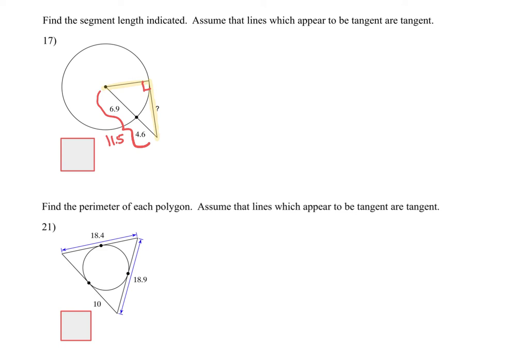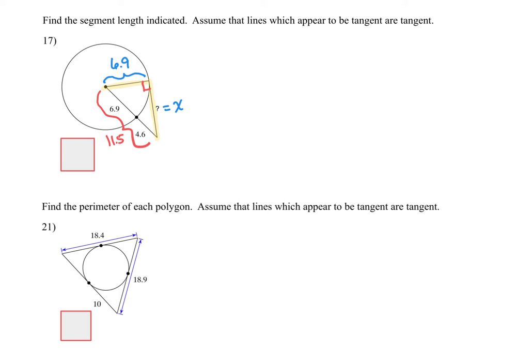Which side do we know? What other side do we know based on the information that they gave us? Yeah, the other radius. So we also know this side. Because they broke that one up, we also know this side is 6.9 because all of your radii are the same length. So I am trying to solve for this side, which is one of my legs.